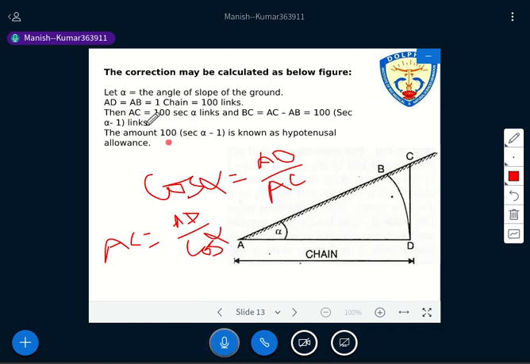So AC is 100 sec alpha. Have you got the concept here? AD is one chain length, and one chain means 100 links. So AC equals 100 sec alpha links. Since we have 100 links, we are using the unit as a link. Is it clear up to this point how AC is equal to 100 sec alpha links? Is it clear?